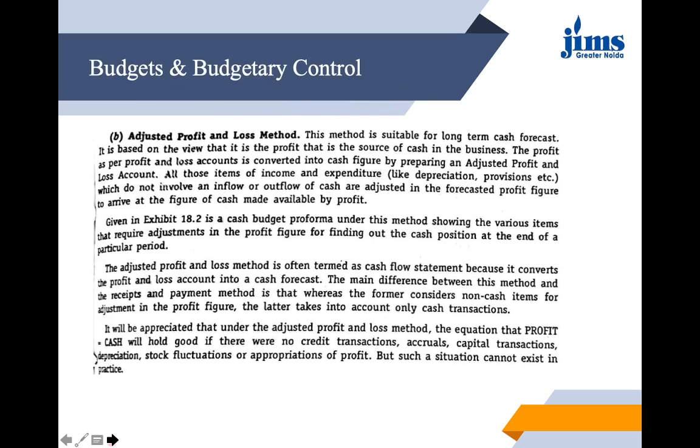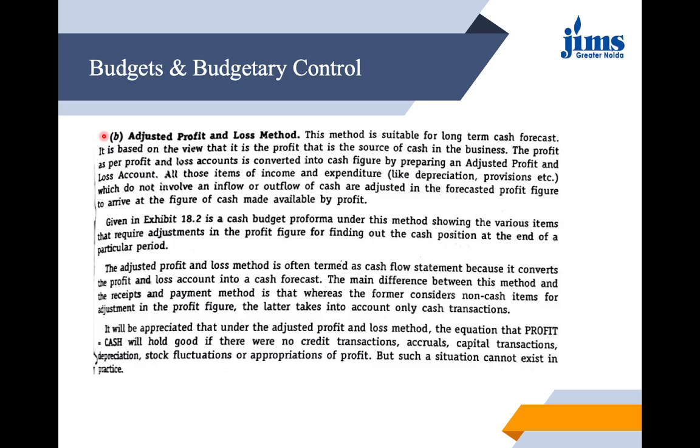So this was an example for your cash budget. Now let us see the second method, the adjusted P&L account method. This method is suitable for your long-term cash forecast. It is basically based on the view that it is the profit that is the source of cash in the business.